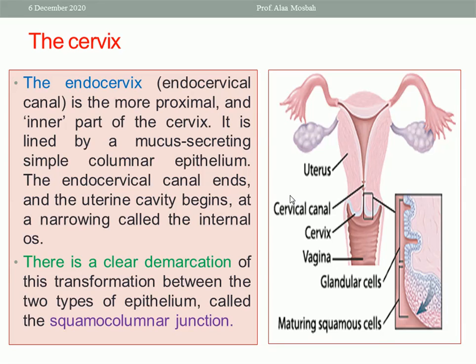The columnar epithelium inside the endocervix secretes mucus, and this mucus changes, becoming viscid or thicker, according to which part of the cycle it is, follicular or luteal, under the effect of the estrogen or progesterone hormone.